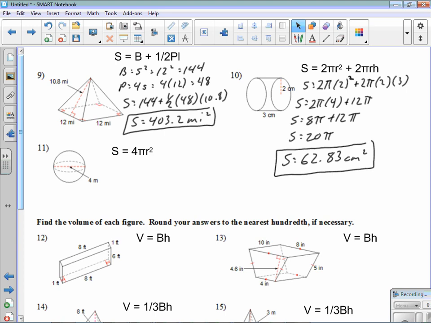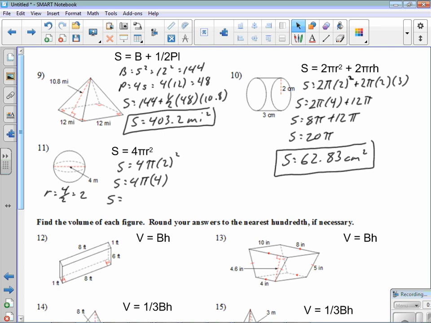So then we've got a sphere. Surface area equals 4 pi r squared. So our radius is going to be half of 4 because they give us the whole diameter, so that's 2. The surface area is 4 times pi times 2 squared. 4 pi times 4.